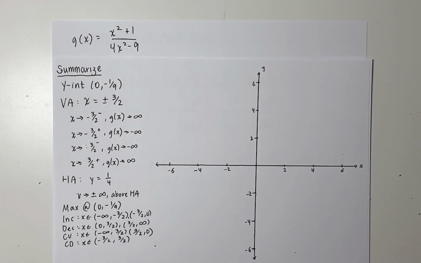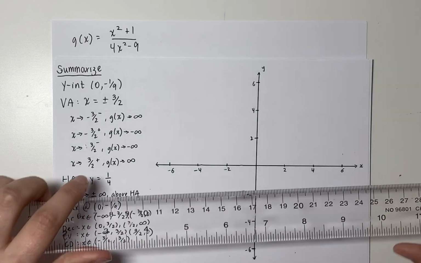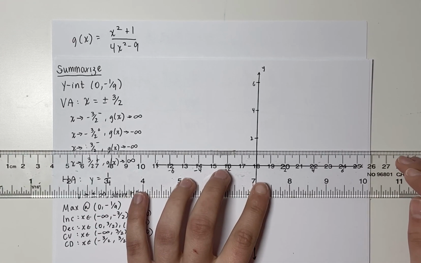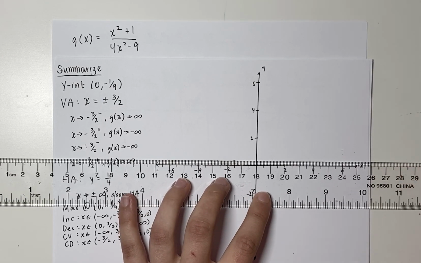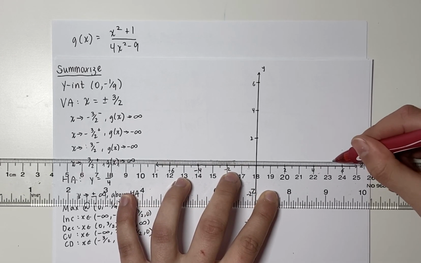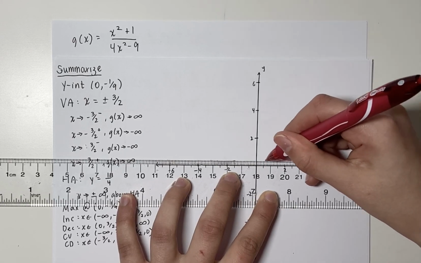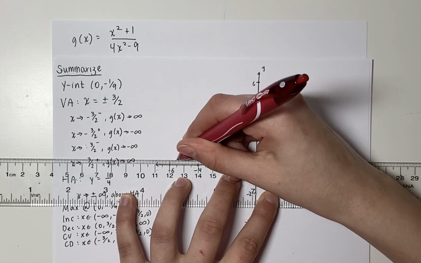So now using all the information we have, we can graph our function. The first thing is we're going to draw our horizontal asymptote, y equals 1 over 4. So if that's 1, that could be approximately 1 over 4. And I just like to do a dotted line.